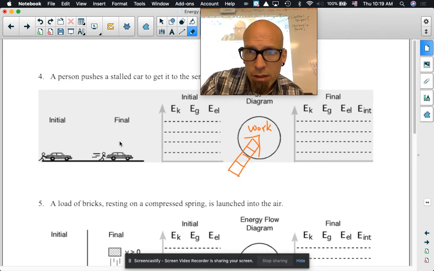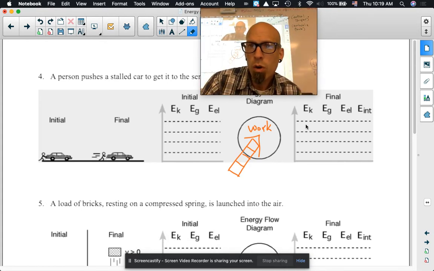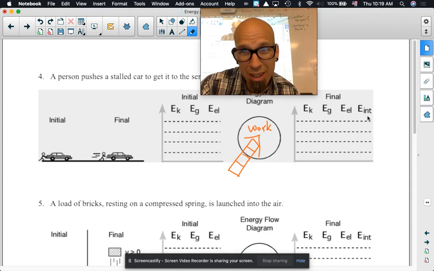Now, what's the evidence of that? Well, it does say the person pushes the stalled car, and the car seems to have moved, and it's moving currently. So, do we have kinetic at the end? Yeah, because the car is in motion. Has the car gained any height? No. Has something been stretched or compressed? No. So we don't have this, we don't have that. Has any of the energy been internalized to the system? I mean, if it's real life, then probably. But I kind of ignore that.